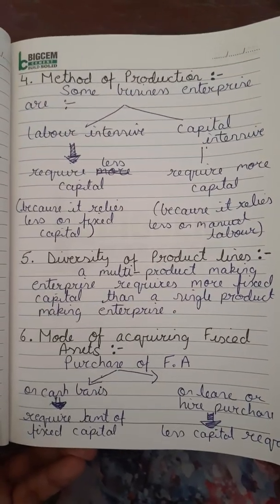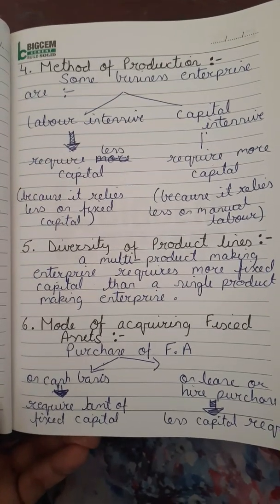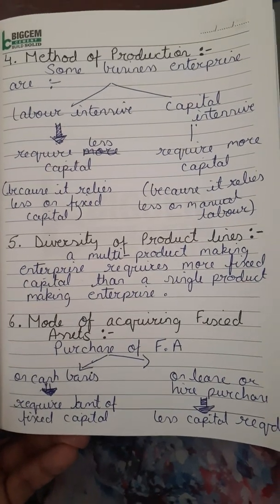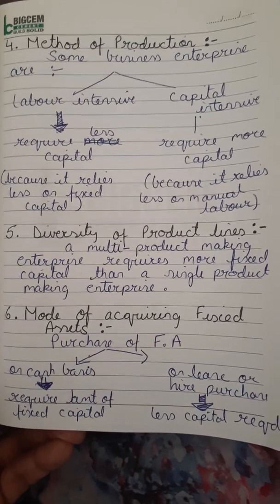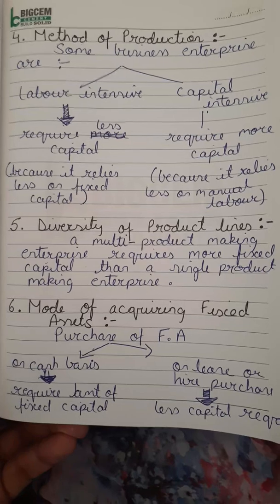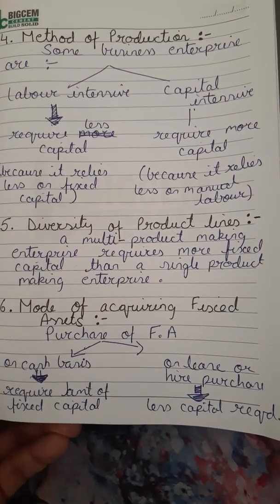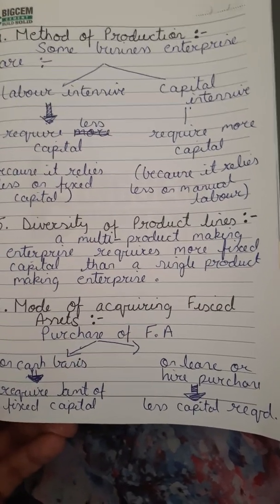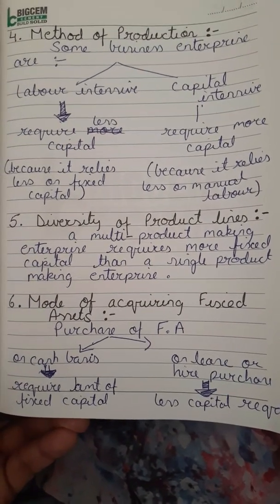Fourth, method of production. Some business enterprises are labor intensive and some are capital intensive. Labor intensive business enterprises require less capital because these types of industries rely less on fixed assets, whereas capital intensive industries require more capital because they require more fixed asset and they rely less on labor.